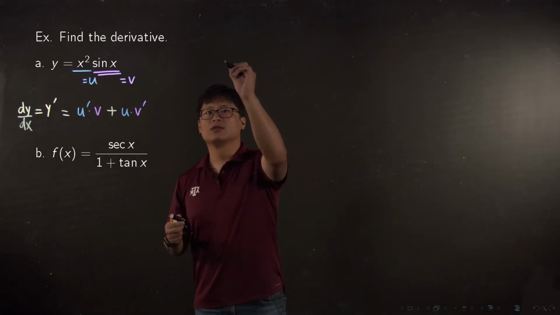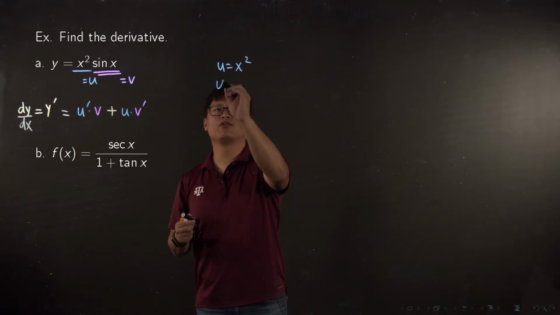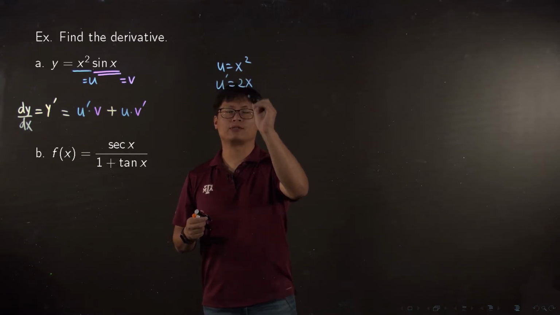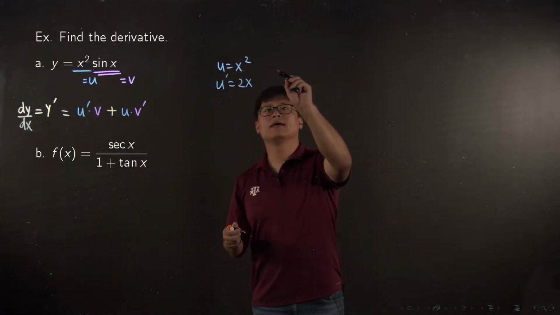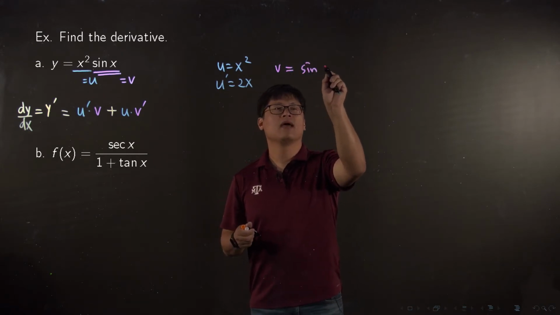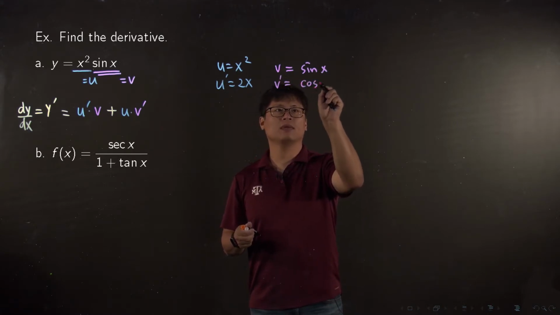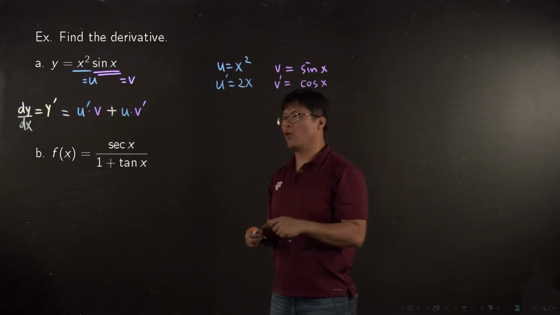Now we have to find the 4 pieces. My first piece u is x squared. Then we can easily find u prime is just 2x by the power rule. The piece v is sine x, and we already memorized that v prime is cosine x. We have all 4 pieces.